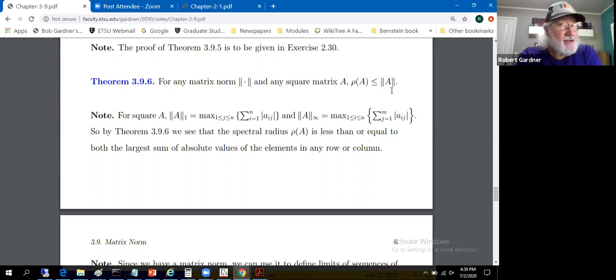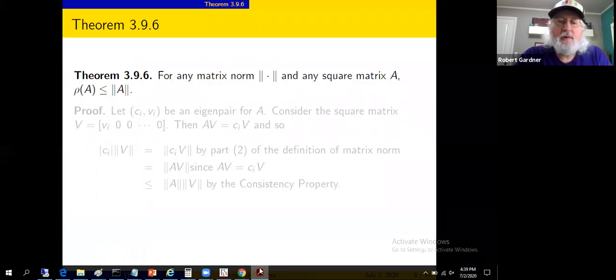Remember, the spectral radius is the modulus of the largest modulus eigenvalue of matrix A. I have to say modulus because when we talk eigenvalues, we might be dealing with complex eigenvalues. So this was the largest modulus eigenvalue of matrix A. Let's go through a proof of that. So we're relating eigenvalues to norms of matrices.